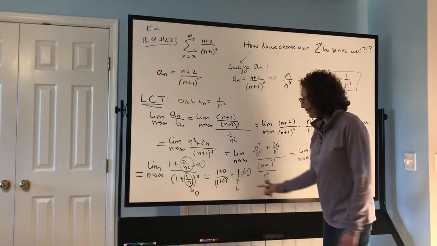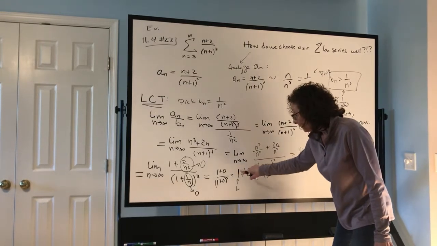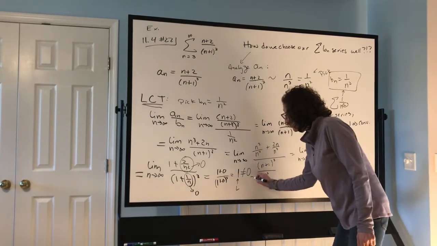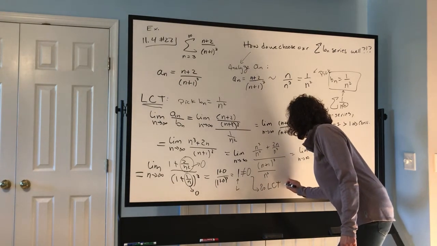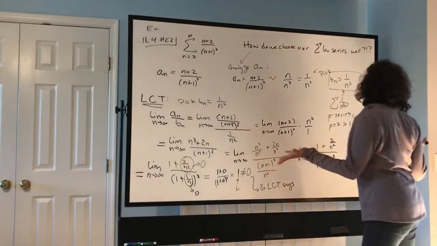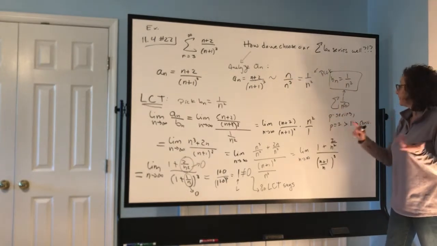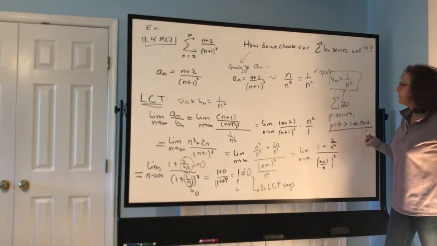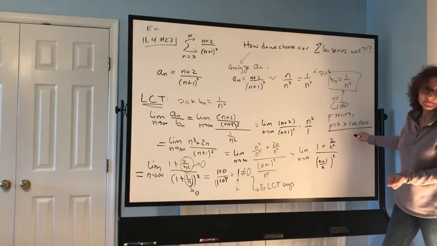Okay? So, because we got a limit that is not 0, what does the limit comparison test tell us? They both have the same behavior. The bn series and the an series have the same behavior. And what did you say the bn series did? It converged. You said it right here.